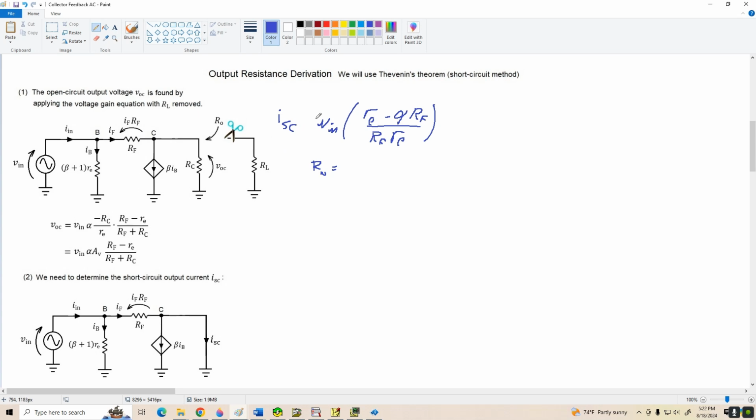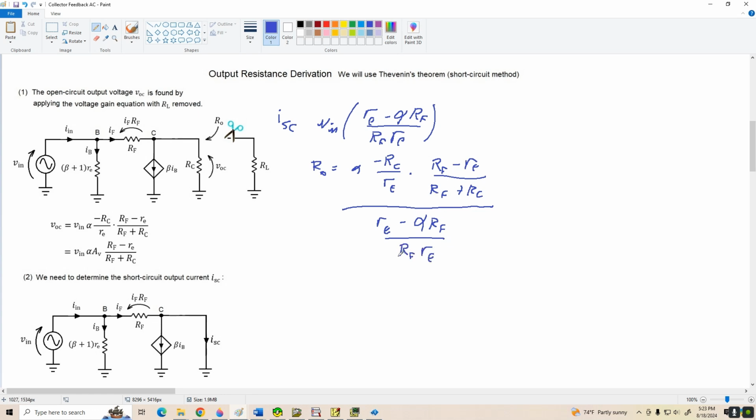So I'm just going to drop Vin at this point, and we've got R out equals alpha times negative RC over little re times RF minus little re divided by RF plus RC. This whole thing divided by little re minus alpha times RF over RF times little re.